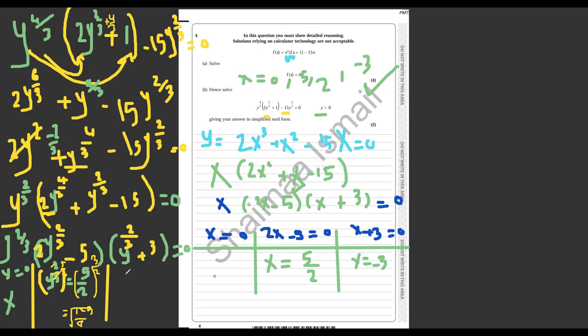Okay, and here y to the power of 2 over 3 equals negative 3, and this also will be rejected because here y is more than 0.